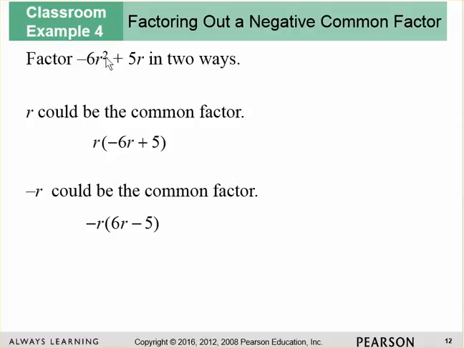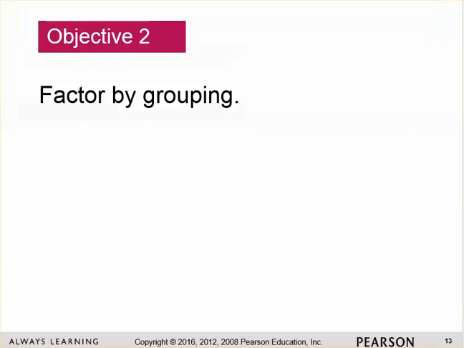Like if we take this r out, minus 6r squared is going to stay as minus 6r, and the 5r will just become 5. So that's one way to rewrite it. If you choose to pull out the negative r, then the sign on both of these terms in the binomial change, and you'll get 6r minus 5. So be careful with these problems.